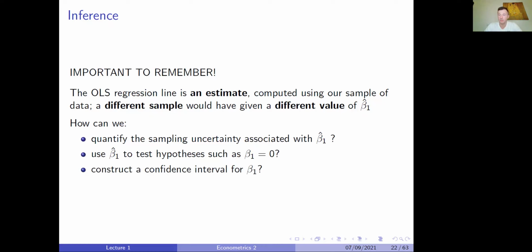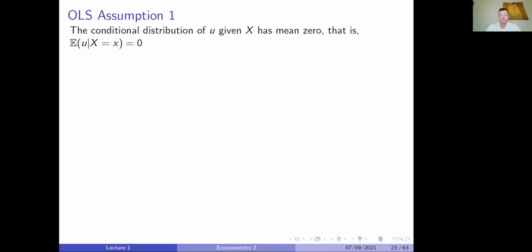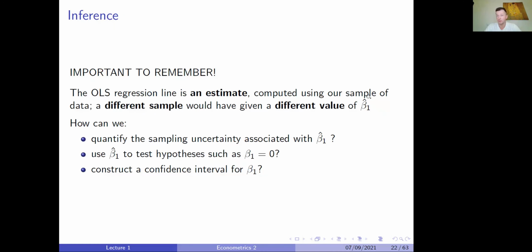And the next, what we want to know is to construct a confidence interval for beta 1. So the interval that covers a true population parameter with a given level of confidence. So now, in order to describe the distribution of beta 1 hat, distribution of these estimators, we need to know several assumptions regarding the ordinary least squares.